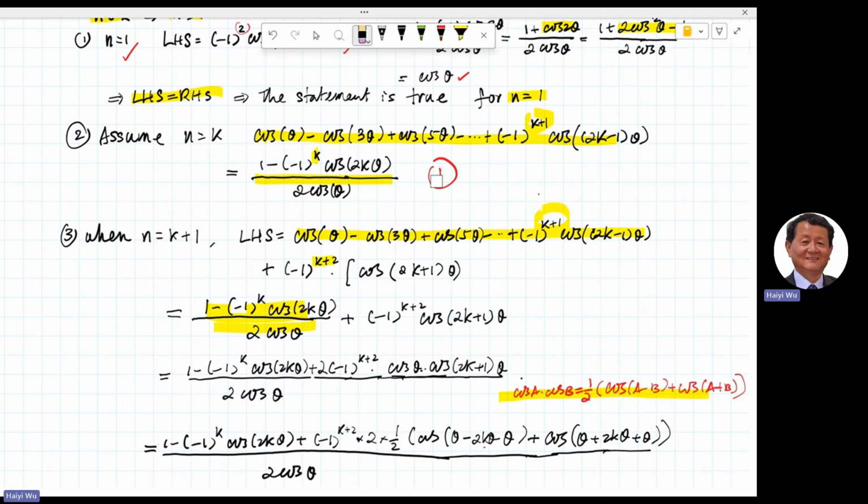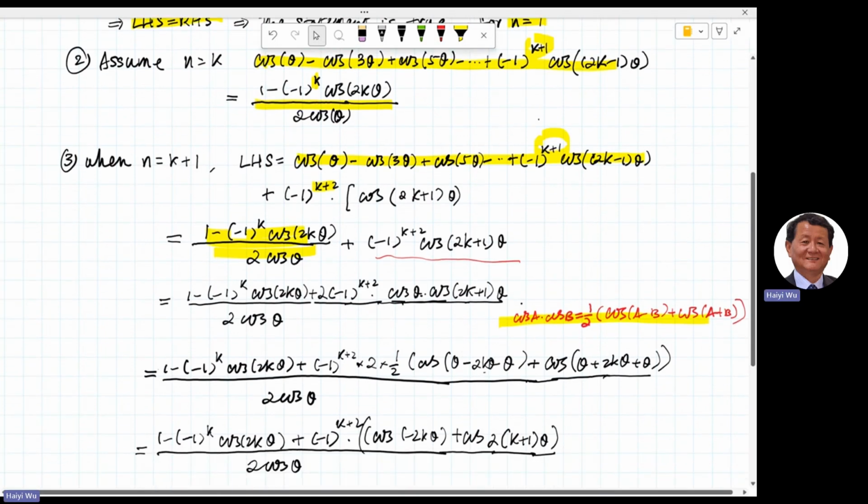So this is the assumption we're going to use. We substitute the first k terms using the assumption from number 2, then add the next term, which is the k plus 1th term.